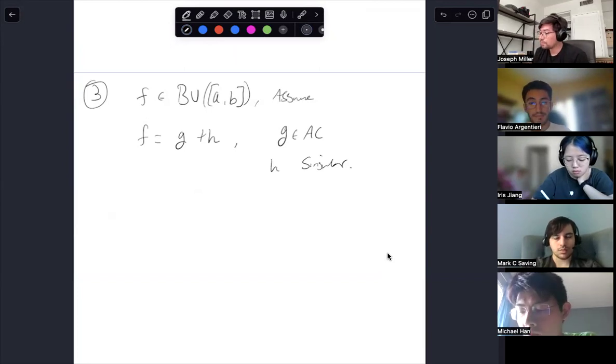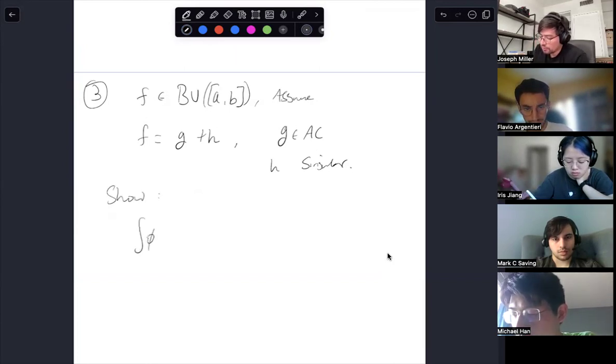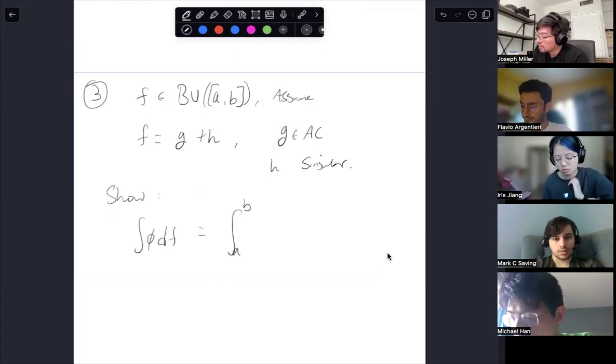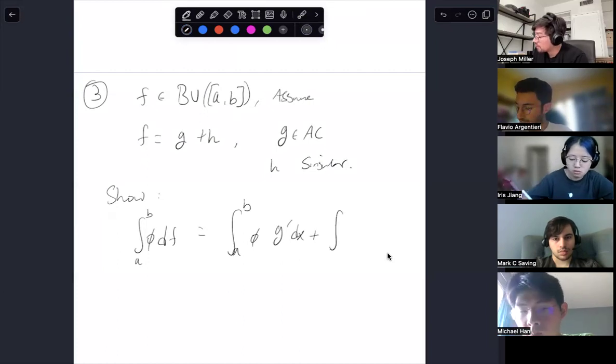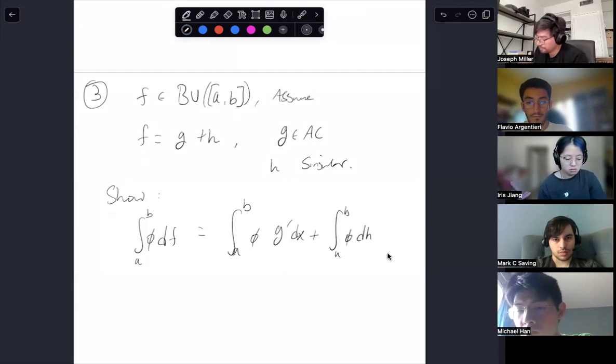Okay, so I assume this, and I want to show that the integral of phi df, I'll show what this means in a second, is equal to this: the integral over AB of phi g prime dx plus the integral over AB of phi dh.